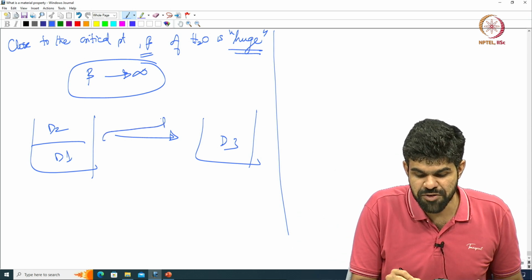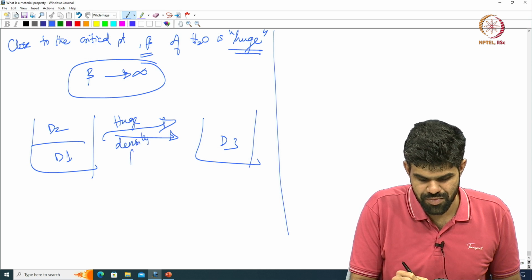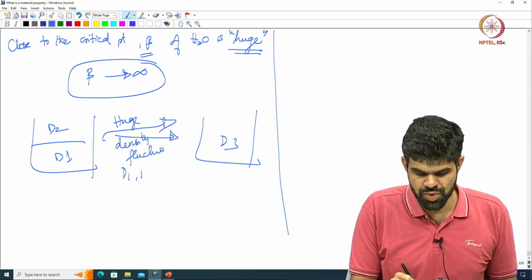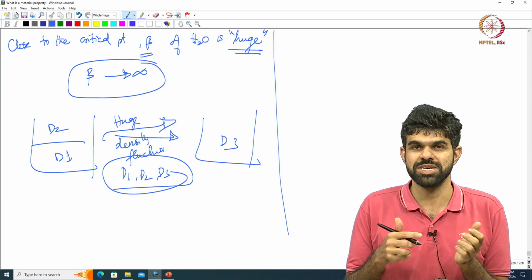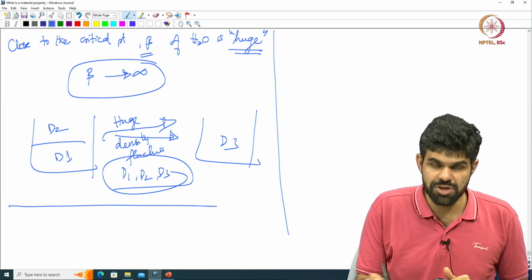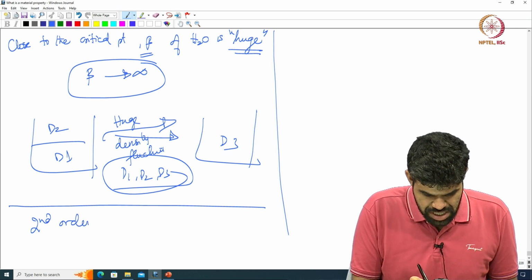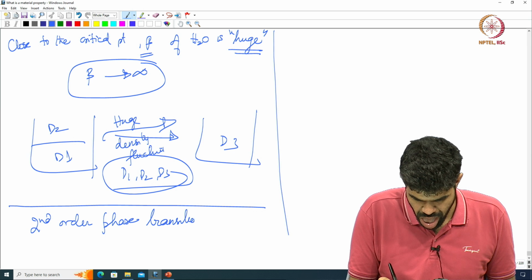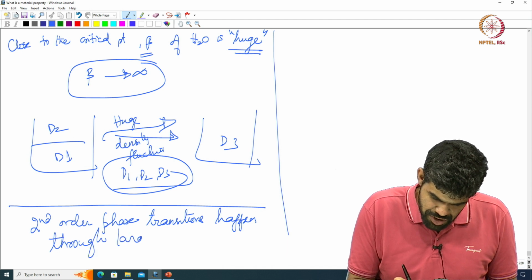But this transformation is happening through huge density fluctuations, right. I have d1, d2, d3, whatever densities you can think of in this intermediate region where the transformation is happening, okay. So, that is how the second order phase transition happens. Second order phase transitions happen through large fluctuations of order parameters.